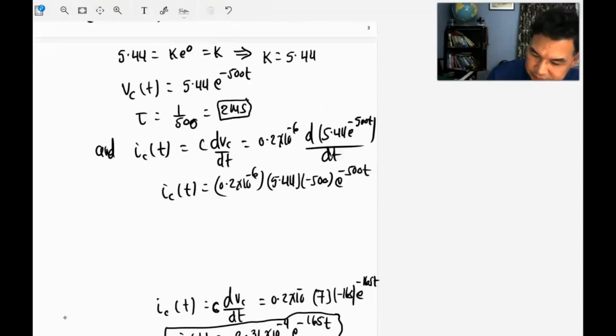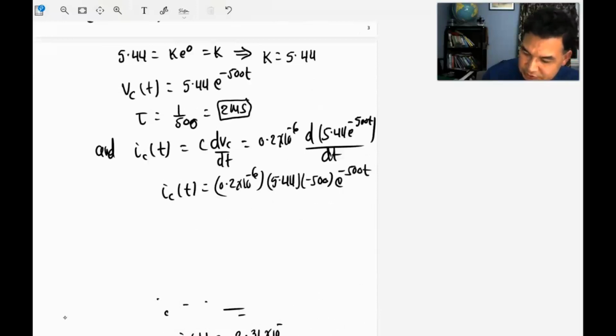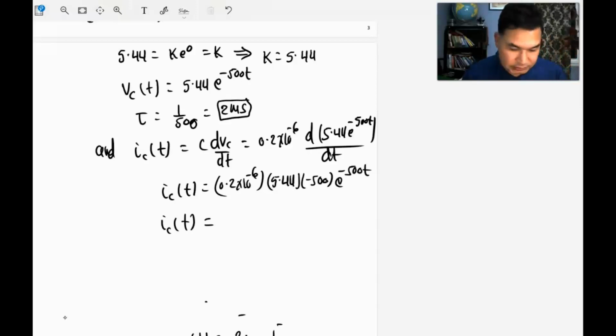So this is how the current through the resistor discharges over time. IC(t) is 0.2 micro times 5.44 times 500, which gets you a negative current.